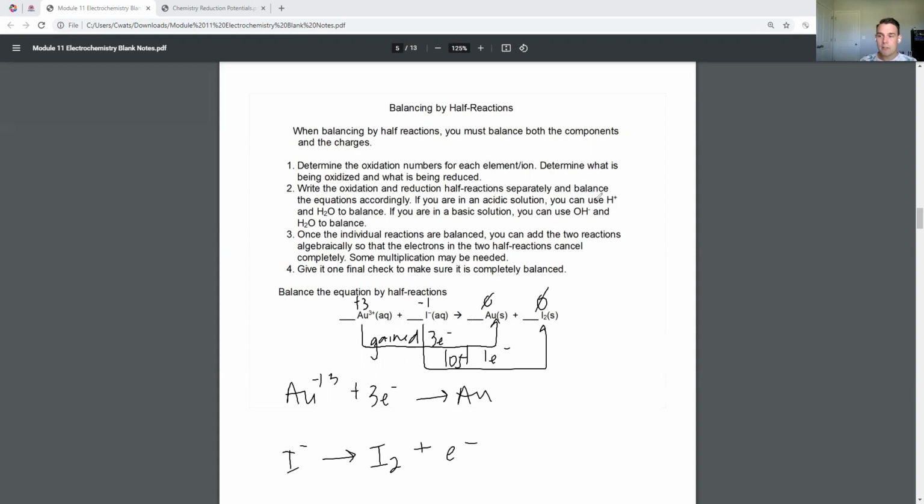You want to have the same number of atoms on both sides, and the same charge on both sides. So that top equation, the one with gold, has 1 gold on each side. The left side has a charge of 0. The right side has a charge of 0. For the bottom one, I'm going to need to put a 2 here to give me 2 iodines on both sides. And then I'm going to have to put a 2 for the electrons so that I have the same charge on both sides of -2.